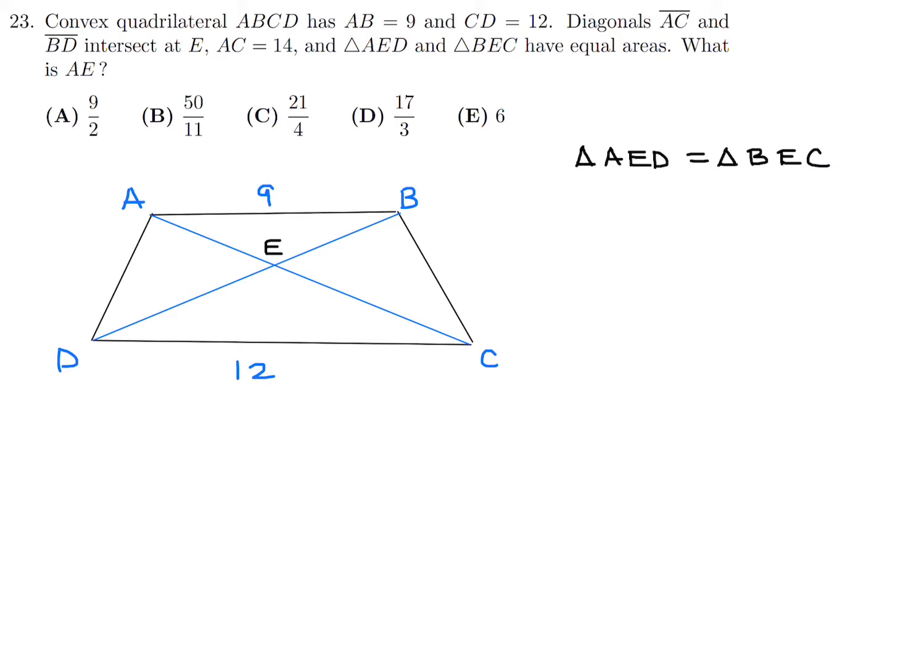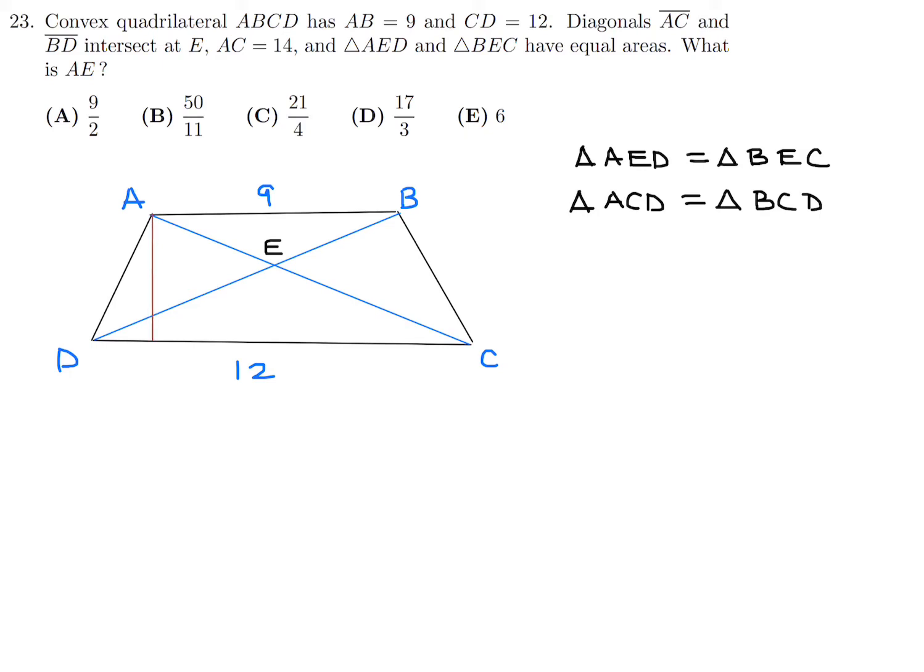Since that is true, that means that these two triangles must also have equal areas, ACD and BCD, because they share this triangle ECD. So let's write that here. That means that triangle ACD is equal to triangle BCD in terms of area. And the only way that is true is if the altitudes are the same.